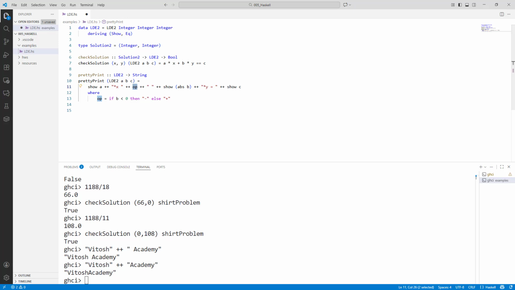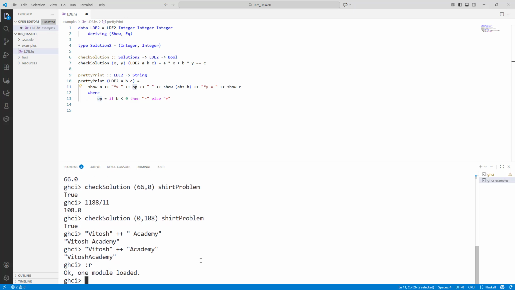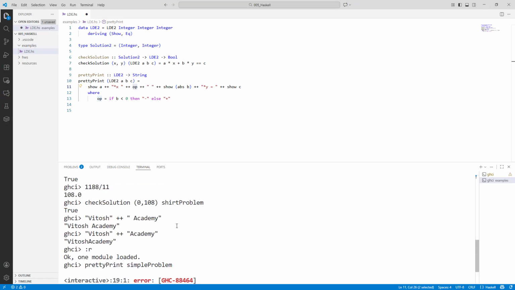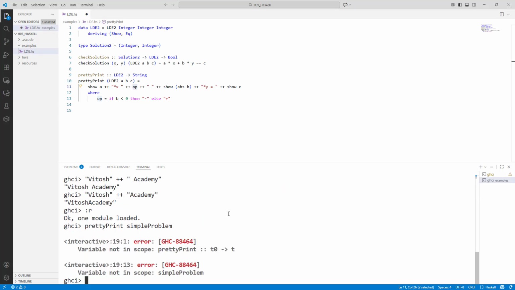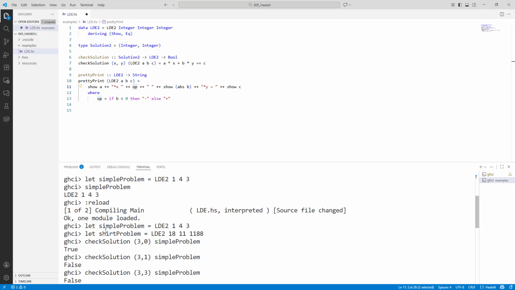So let's try it. Let's press reload here, or just R for being faster. And let's say prettyPrint, prettyPrint and then simple problem. Simple problem is not defined. I'll just use it like this.